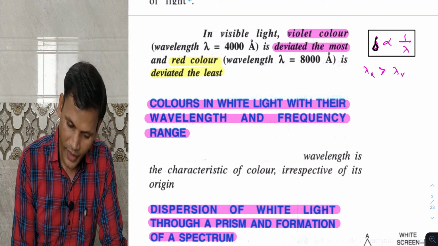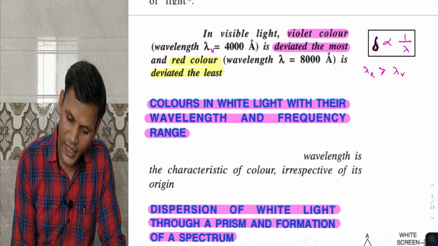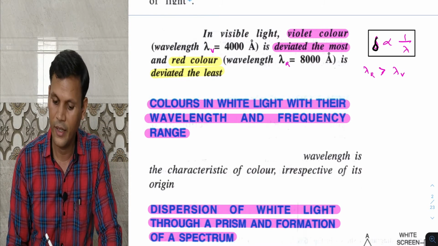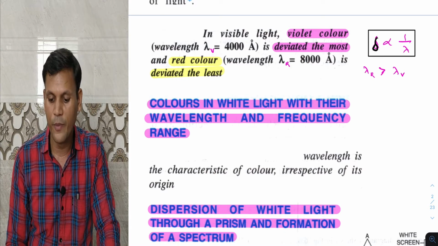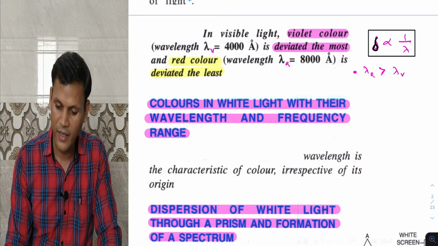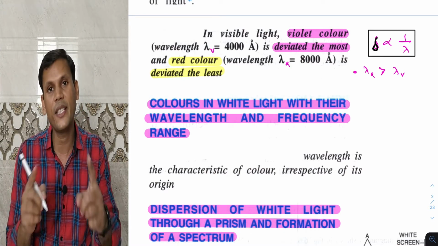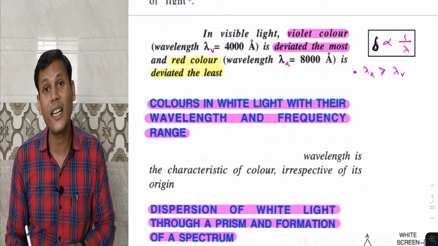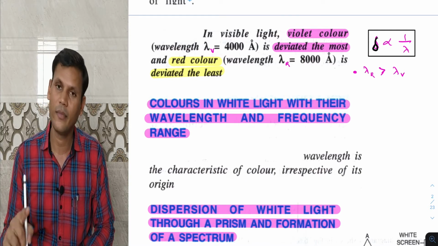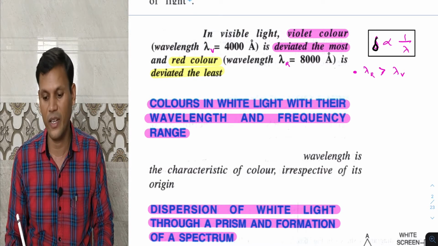It is lambda v for violet and it is lambda r for red. Okay, and we are observing lambda r is greater than lambda v. Lambda is the wavelength, r is the red color, v is the violet.